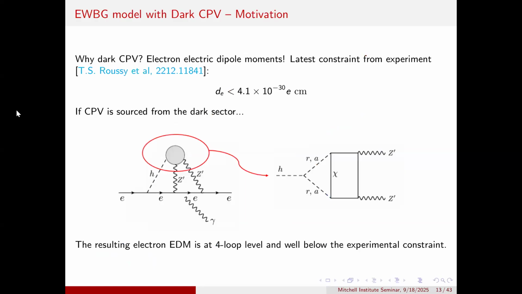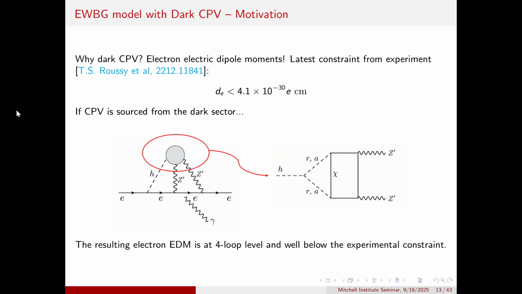So why do we want to break CP symmetry in the dark sector? The reason is the electron EDM measurements. Any kind of CP violation that couples to the standard model fermions is constrained by the electron EDM measurement, which is very tight. But if we introduce CP violation in the dark sector, then this typical diagram generates EDM.